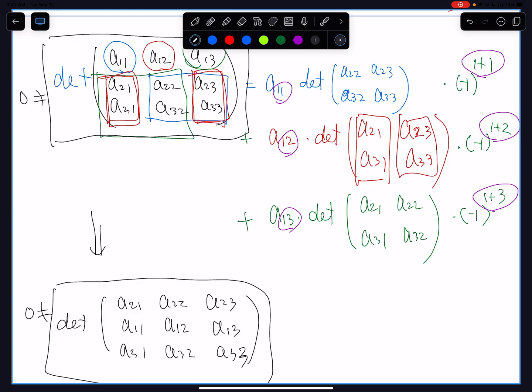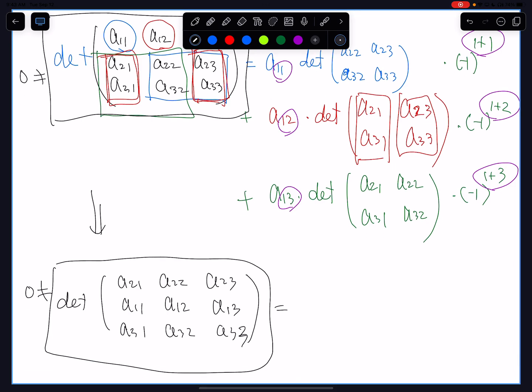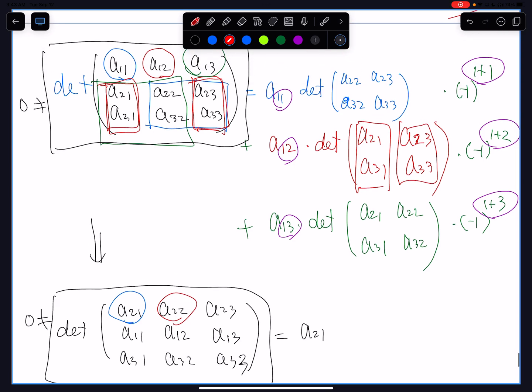So it should give you a unique solution too, right? But what does it mean? That means I can rewrite this one in terms of A21, A22, and A23, right?